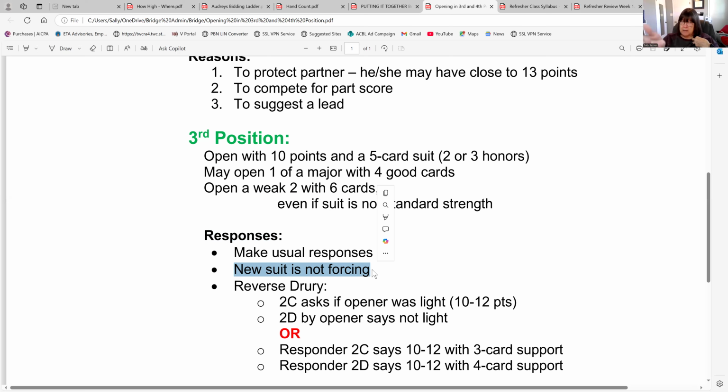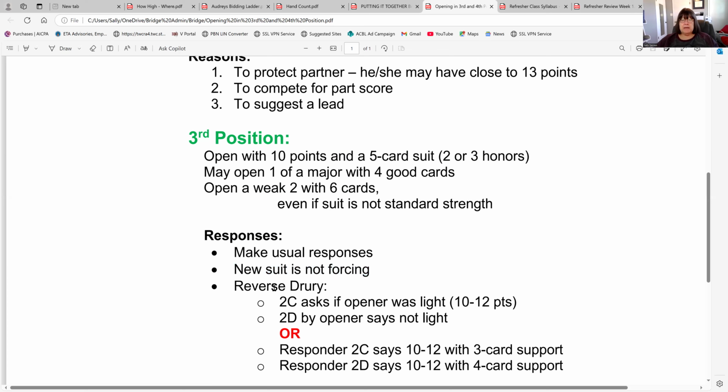So partner made that third position bid, and if you choose to bid a new suit, he may pass it. So you pretty much need to have a real suit if you're going to bid a new suit, because he might be bidding light.